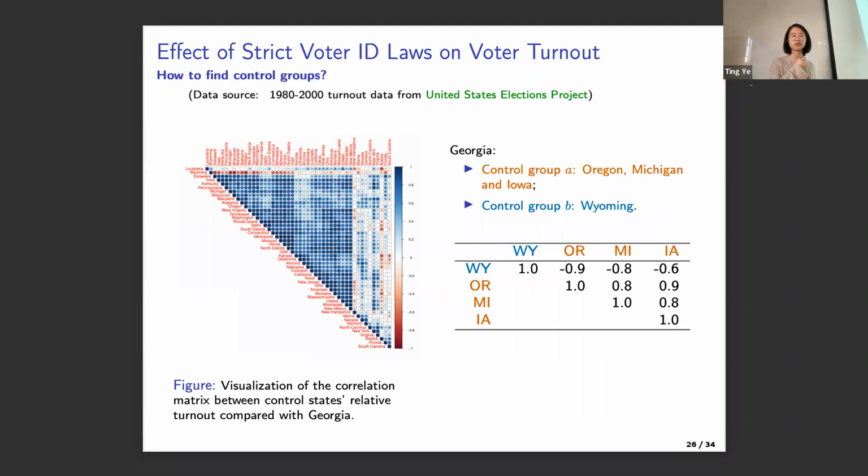We select control group A, which includes Oregon, Michigan, and Iowa, and control group B, which includes Wyoming. You can see that the relative outcome for Wyoming is indeed quite negatively correlated with the other control group. But the downside of this procedure is that, outside this interactive fixed effect model, it's really hard to justify why they are negatively correlated.